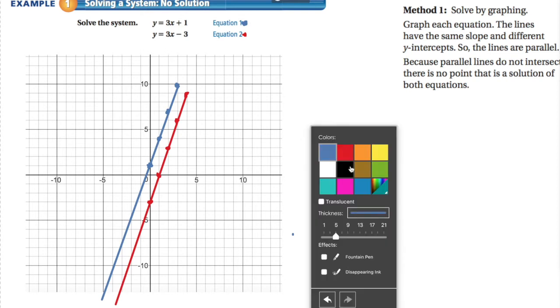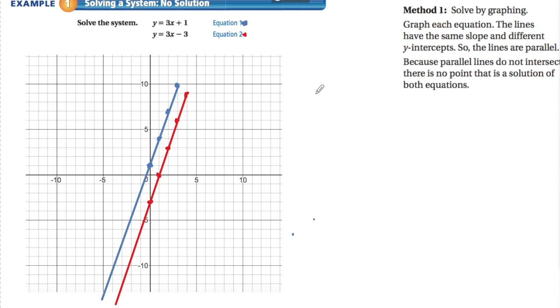Alright, so now we can see that, hang on, sorry guys. Okay? Now, we can see these two lines are parallel. They do not intersect.